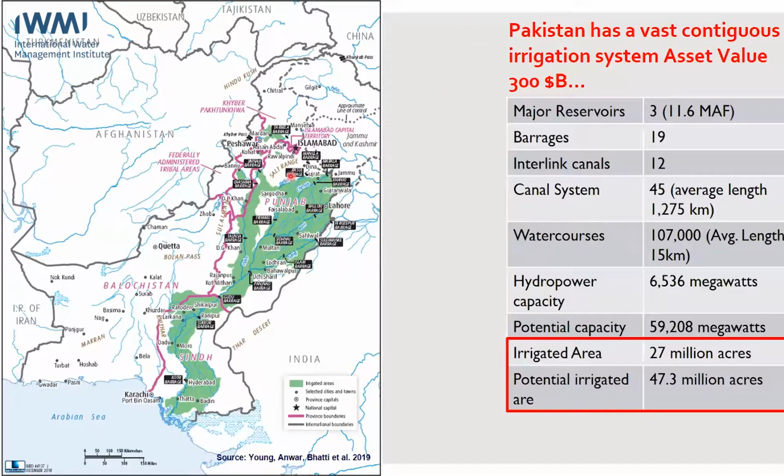The Indus River, you can see right where my pointer is. It rises from the north, and it first enters into the Khyber Pakhtunkhwa province. Pakistan has 4 provinces: Khyber Pakhtunkhwa, Punjab, Balochistan, and Sindh. And the Indus River first enters into the Khyber Pakhtunkhwa province. There are some tributary rivers like the Swat River and the Kabul River from the northwest side.